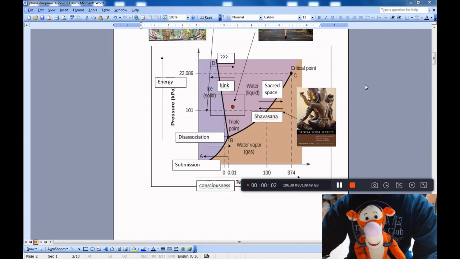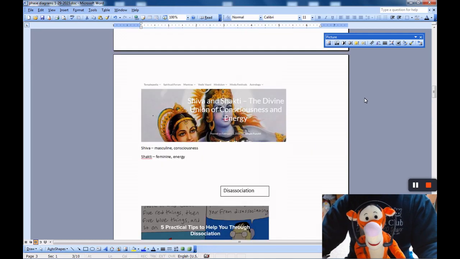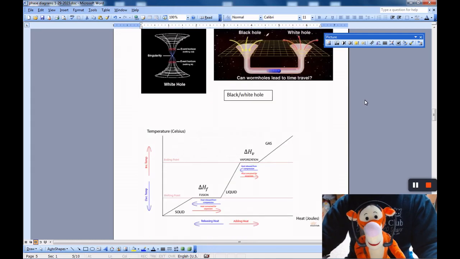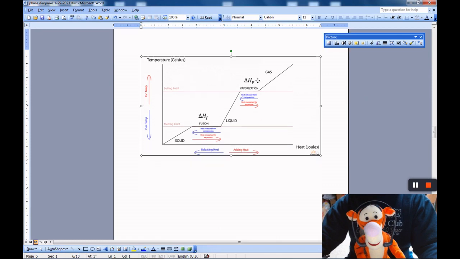So let's talk about heat of fusion. Alright, so I made a diagram down here. So solids, so we have ice cubes. Here we have water. So ice cubes, let's put them in a pan, a kettle.